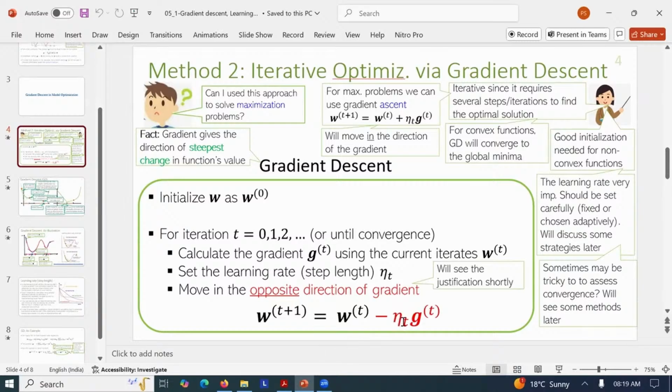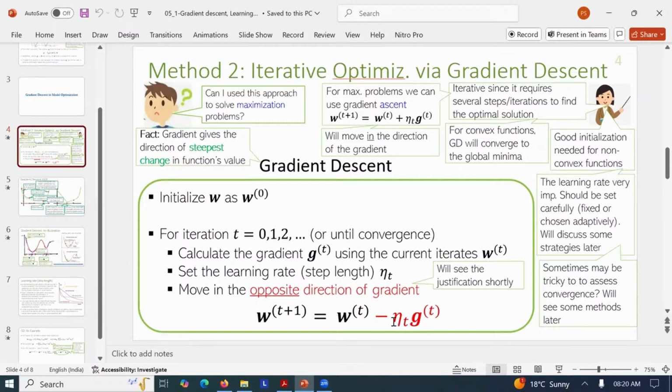So this eta t is not fixed throughout the training of our model. It may be the same: if we are using the same value of eta t for all iterations, then we are using a constant or fixed value for eta t. But we can also vary eta t as our model gets trained, right?